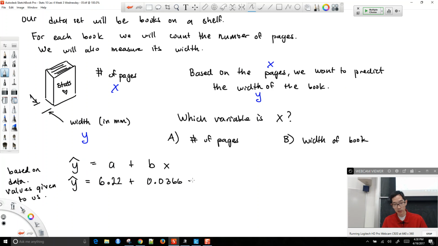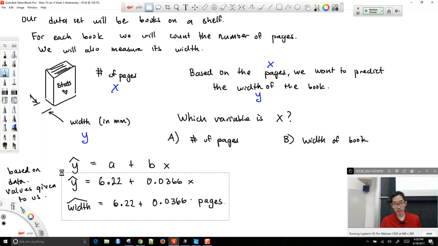Or we can say predicted width, or width hat, is equal to 6.22 plus 0.0366 times the number of pages. This is our regression equation. I'll go ahead and copy all of this onto the next slide.